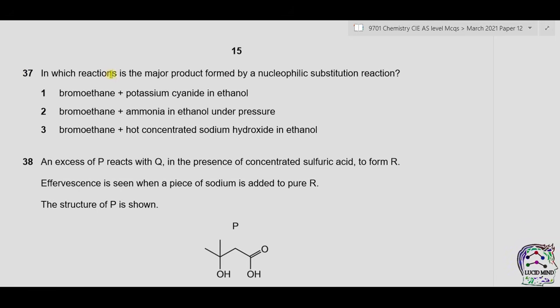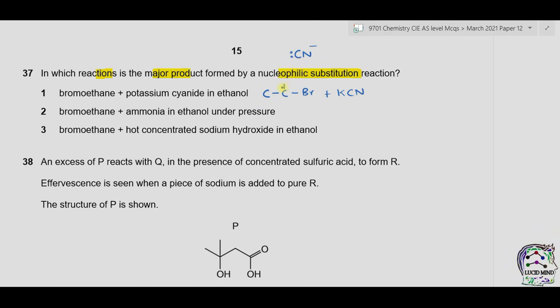Question 37. In which reactions is the major product formed by a nucleophilic substitution reaction? We have bromoethane and potassium cyanide, ammonia, and hot concentrated sodium hydroxide in ethanol. Let's look into the first reaction. We have bromoethane. Ethane is the one having 2 carbon atoms, and bromine is also present, plus potassium cyanide. Now KCN can provide cyanide nucleophile.